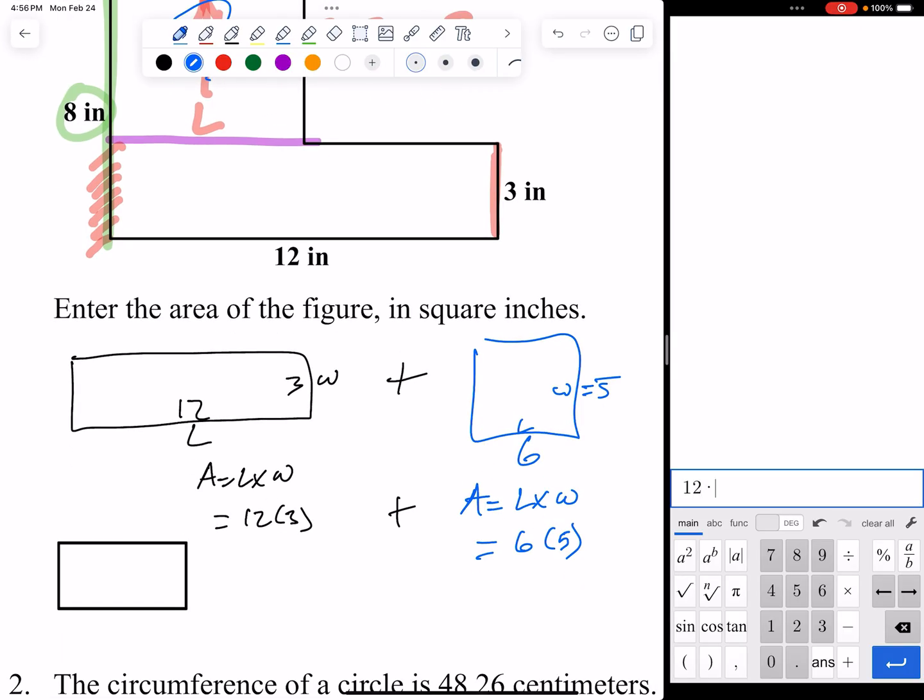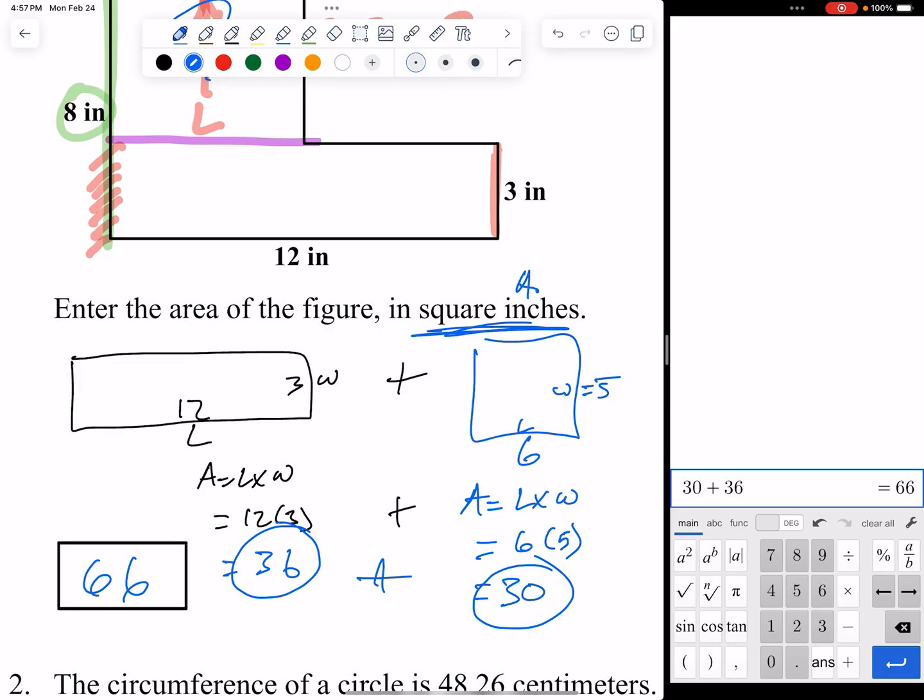I got 12 times 3, and I got 36. And then 6 times 5, which gives me 30, yup. And now I can add both of these. I know I can do the mental math. It should be 66. Let me confirm that. 30 plus, see, not minus, 30 plus 36 is in fact 66 square inches because we are finding the area.